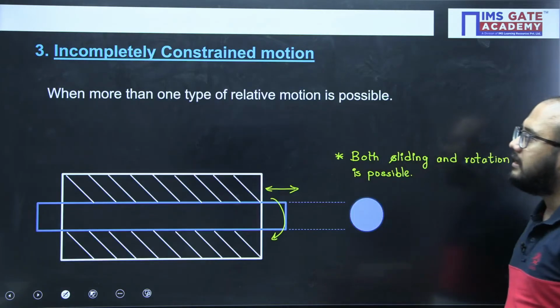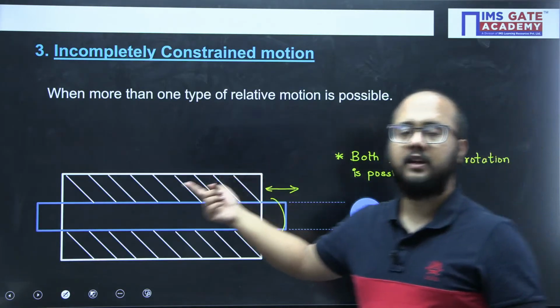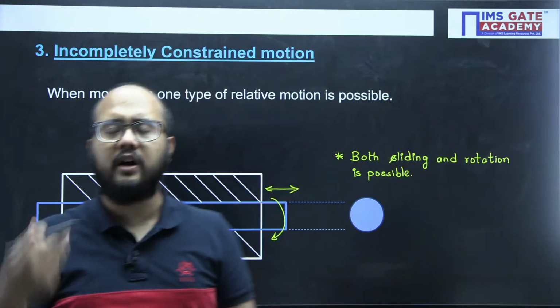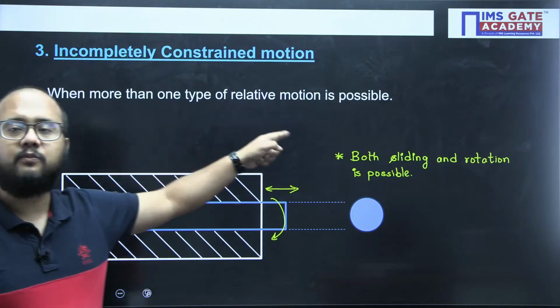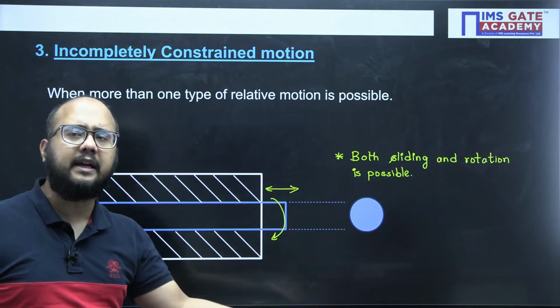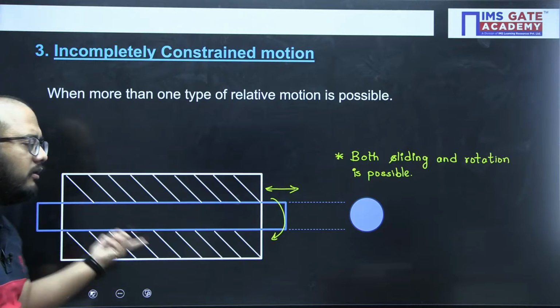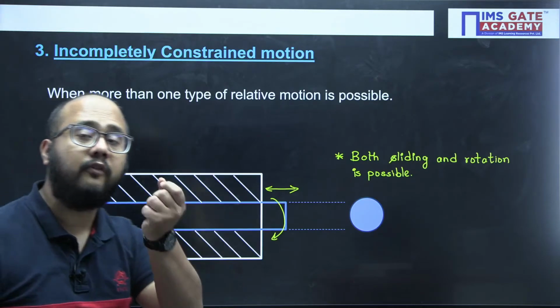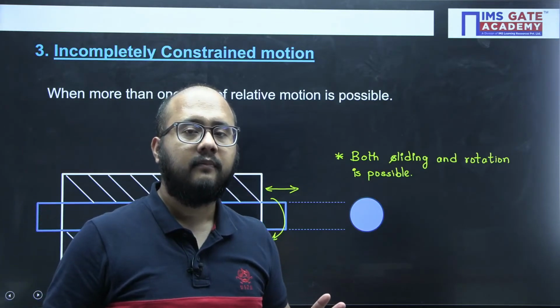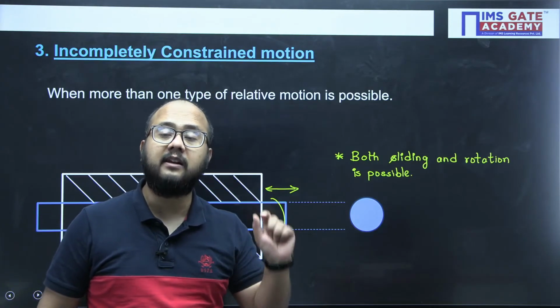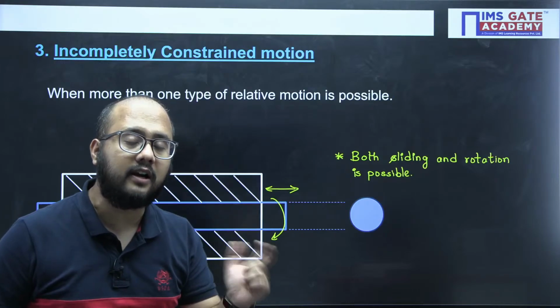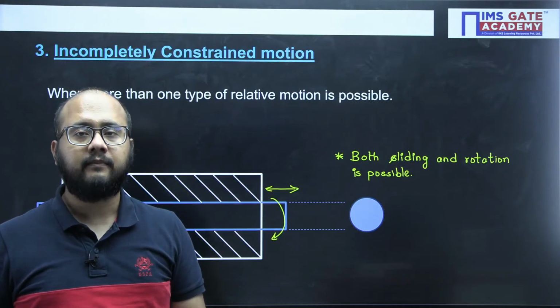Third one, incompletely constrained motion, where more than one type of relative motion is possible. Circular bar in a circular hole without collars. Without collar is understood, but when they are talking about collars, they have to mention collars.